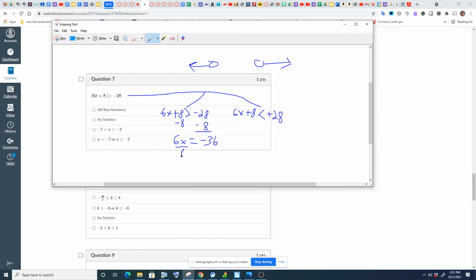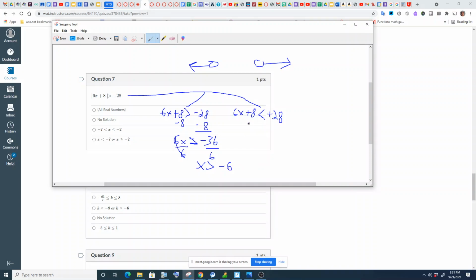So divide by 6, divide by 6. So we get x is greater than. Did we divide by a negative? No, so we don't have to change the inequality symbol again. So x is greater than negative 6.